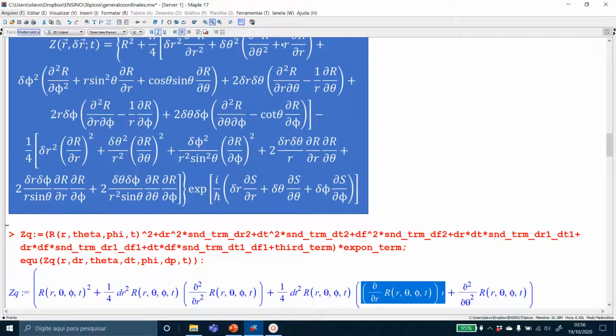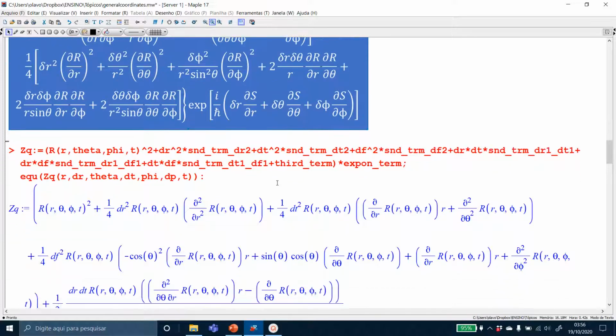This term is just this one. And the second order derivative of r with respect to theta, which is here. And the others are just like that.